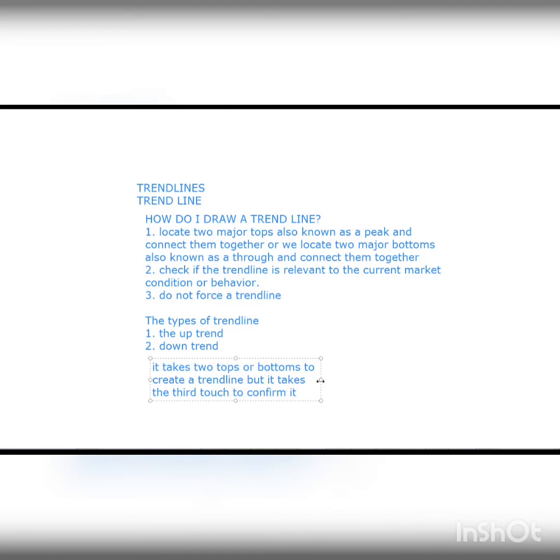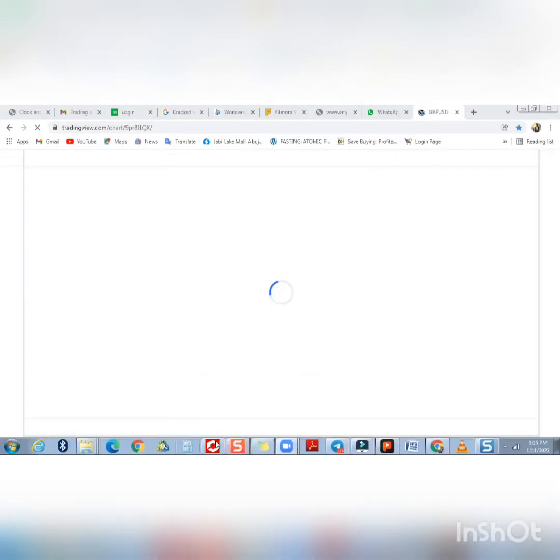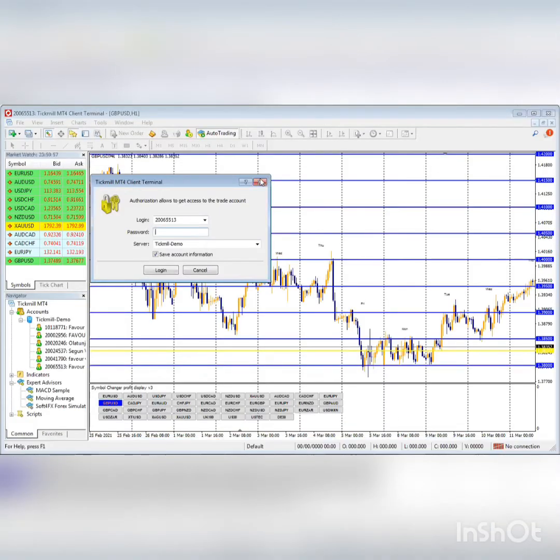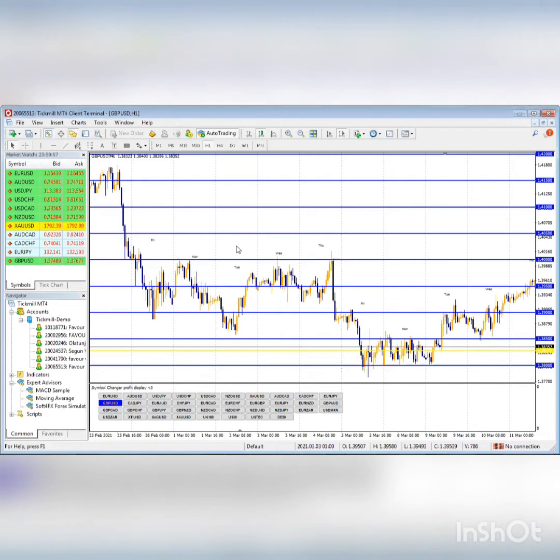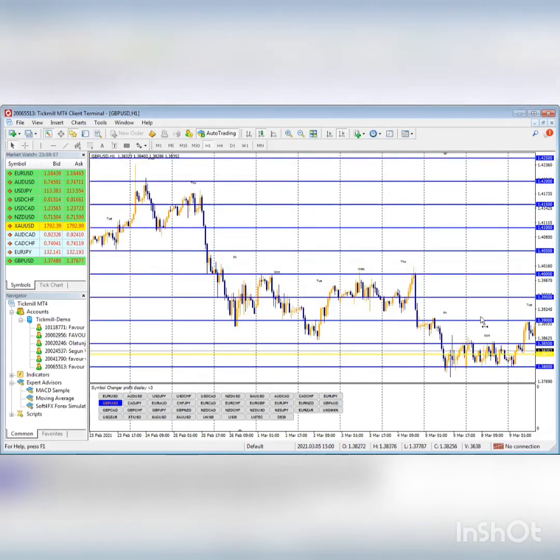So guys, you want to know that when there are two touches, a trend line is valid. But before we can use a trend line to take a trade, it has to connect with the third touch. It makes three to confirm it. It takes two to form a trend line. It takes three to confirm it.